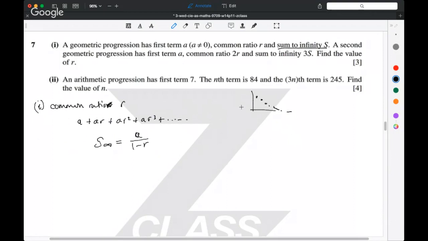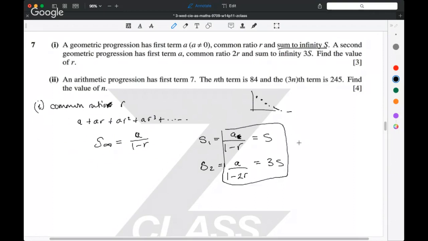So you're told that there's a first series, with sum to infinity S, whose first term is A and common ratio is R. And they're saying the sum to infinity of the second series, whose first term is also A but has the common ratio 2R, is equal to 3 times S. So we have two formulas, and we need to solve.